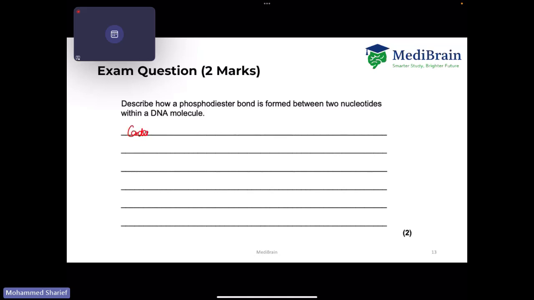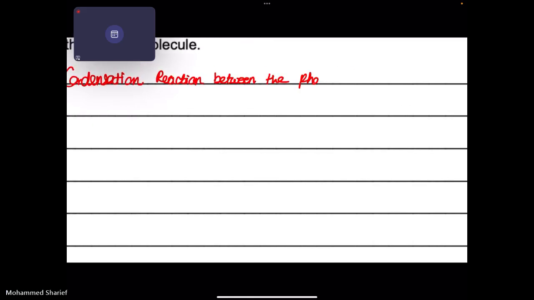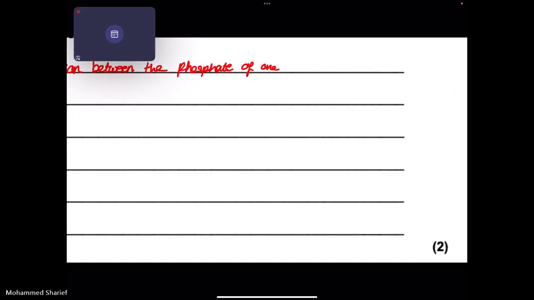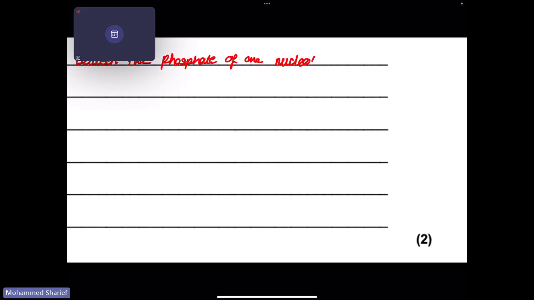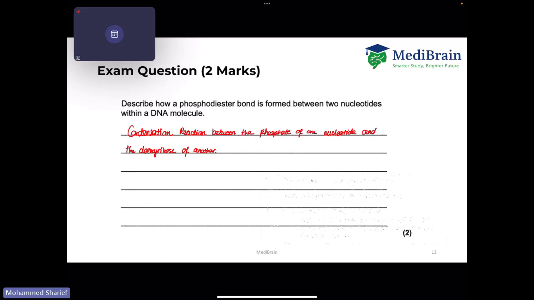So it's a condensation reaction between the phosphate of one nucleotide and the deoxyribose of another. Okay, that's basically how a phosphodiester bond is formed.